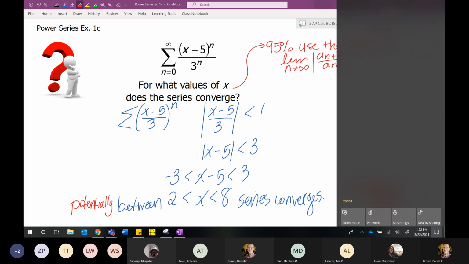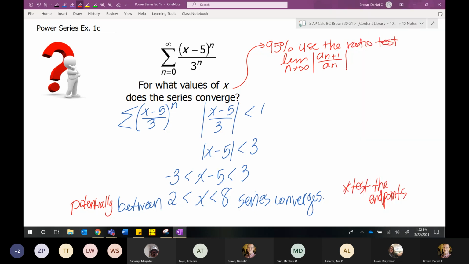Without getting into too much detail right now, eventually we would have to determine, is it also converging at 2 and is it also converging at 8? So we can adjust those inequalities to be just less than or less than or equal to.